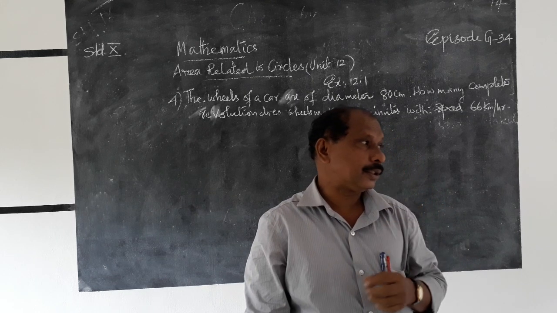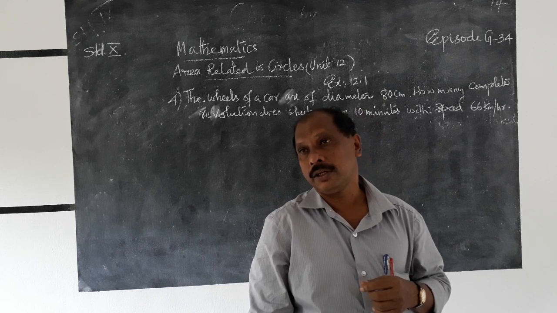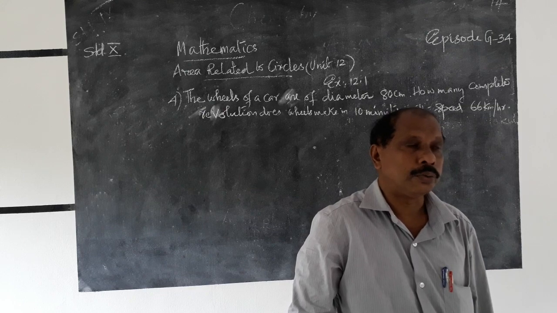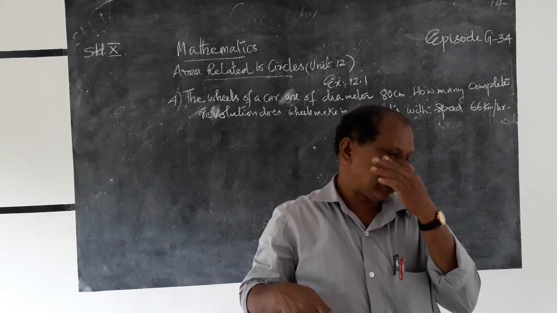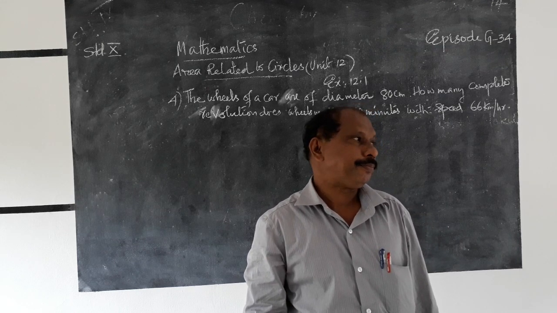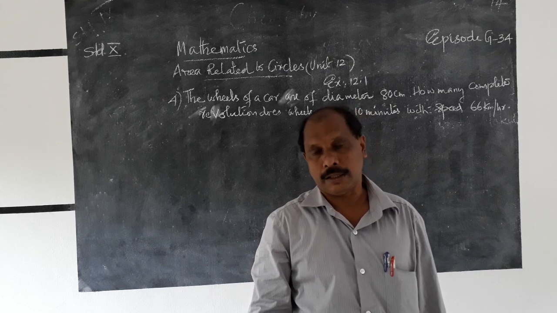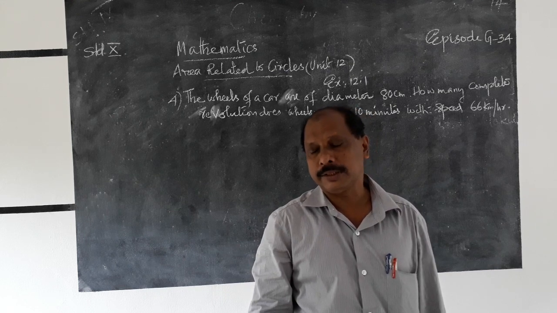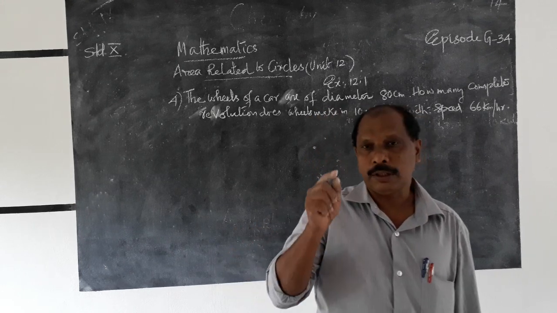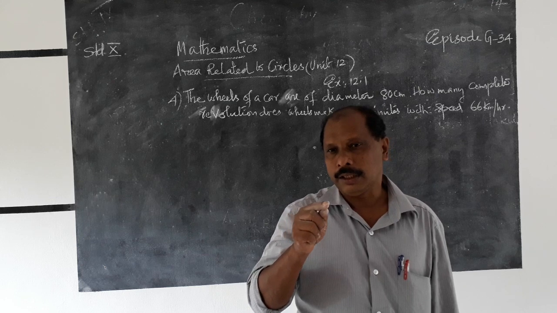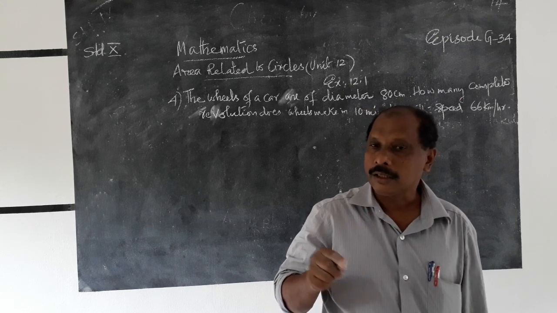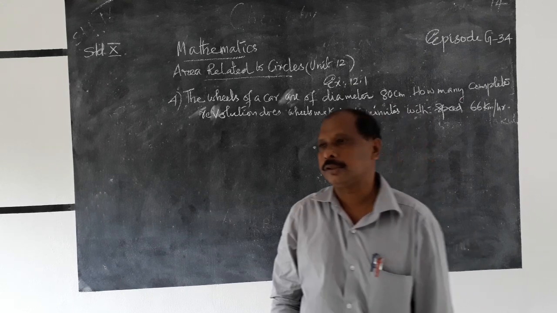Then the distance travelled in 1 revolution is equal to 2 pi r. That means the perimeter of the circle is 2 pi r. That is in 1 revolution.